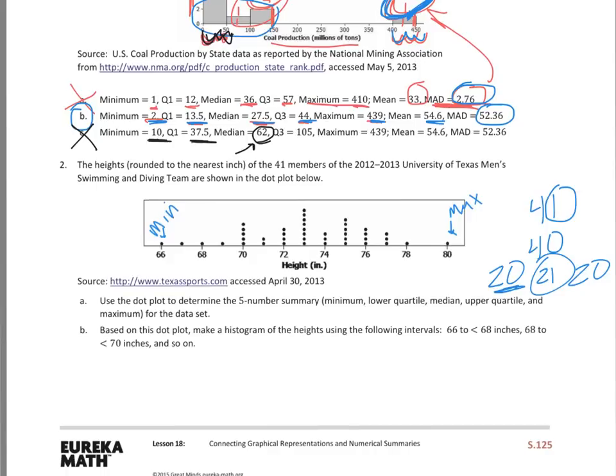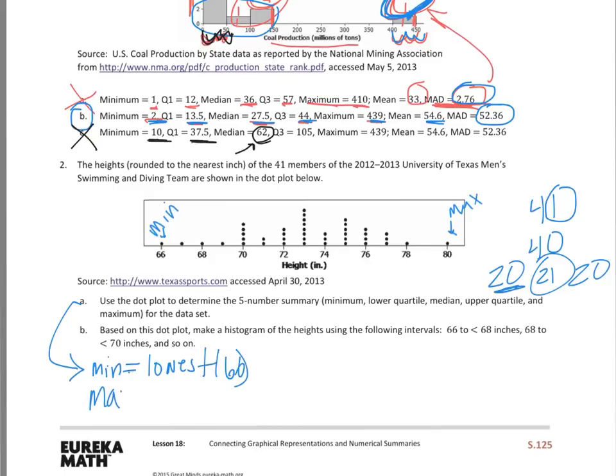Now, I'm not going to necessarily pick all these values and show them to you, but I think we'll be able to help out with this. So let me show you what I mean. The minimum is the lowest, and we could even write that in at 66.